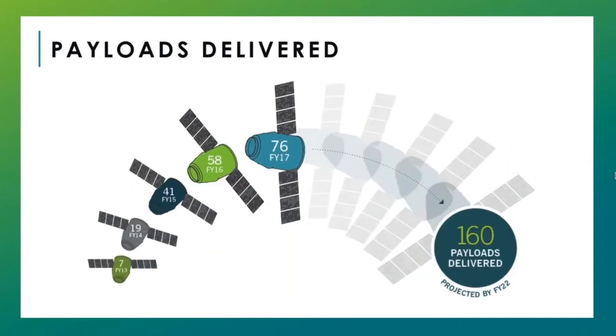Payloads delivered. Maybe this is one of the metrics that we look at is really where the rubber hits the road. It's really the combination of a lot of different types of resources, human resources, assets, hardware, transportation, into the actual project that goes to the ISS. We could see in fiscal year 17, we're reaching an all-time high with 76 payloads being delivered.